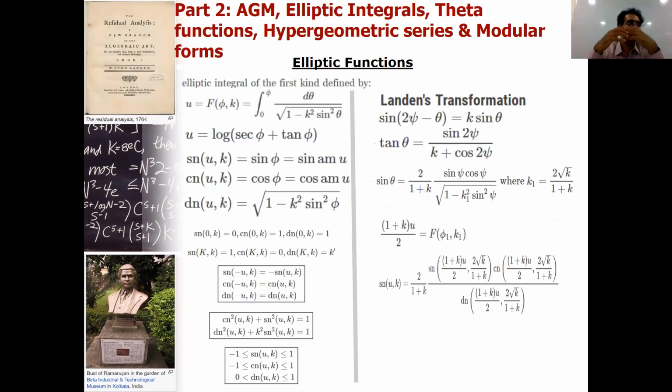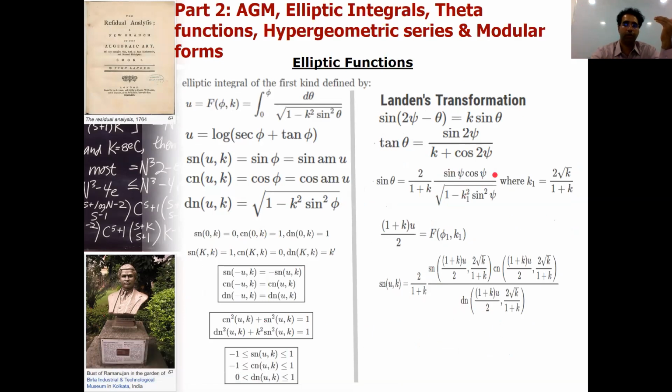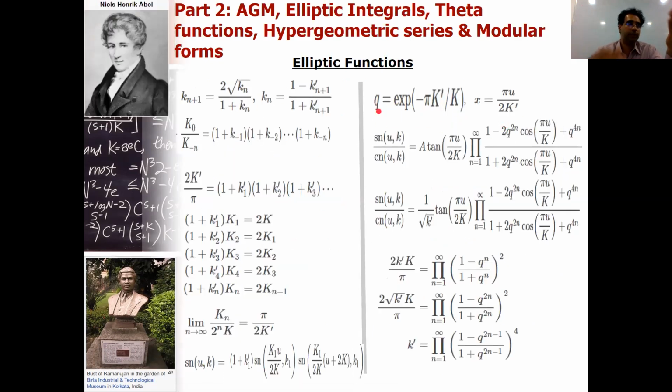And then we took something called elliptic functions as a more generalized form of elliptic integrals. And then we defined Sn, Cn, and Dn, which are similar to sine, cos. And then we found a relation expressing Sn in terms of k and k1 and so on. Once you frame the relation between phi and theta and k through Landen's transformation, and then you express different subsequent values of ki in terms of the previous values of k, and similarly for k dash.